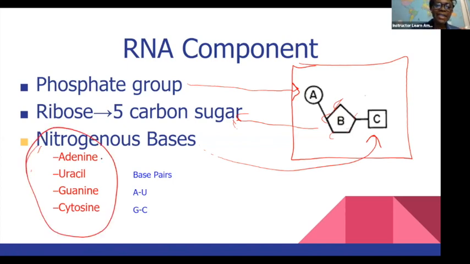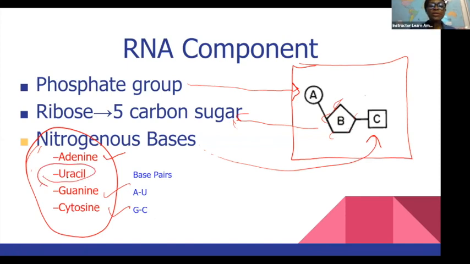Let's take a look over here at the different combination. So we see adenine is the same base that we saw in DNA. We saw guanine and cytosine. But notice we do not have any thymine on the RNA nucleotide. That T is replaced with uracil.